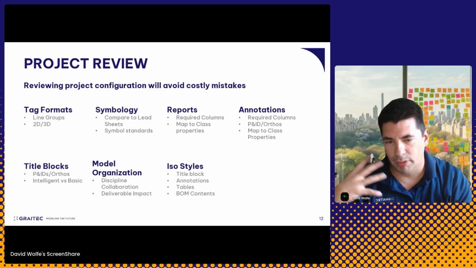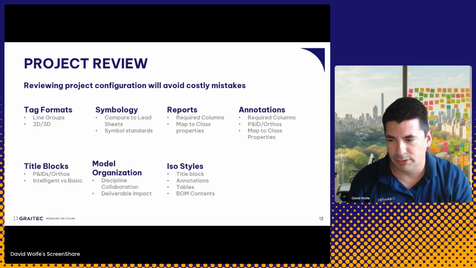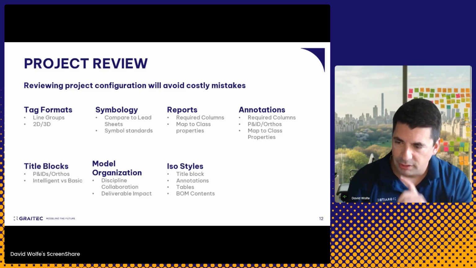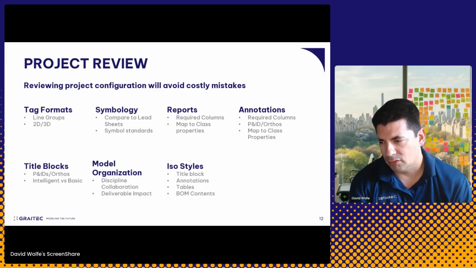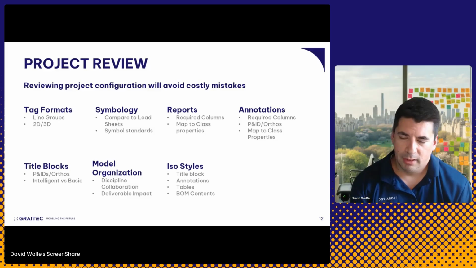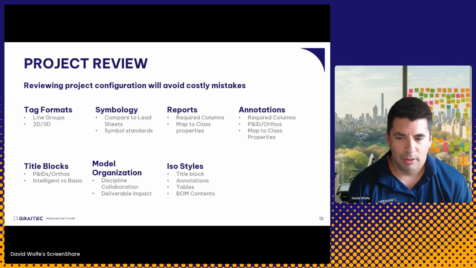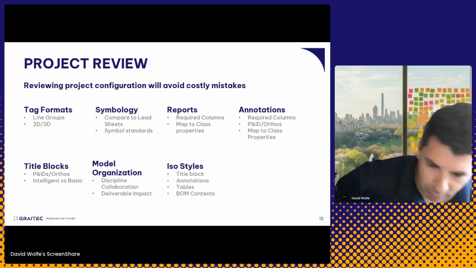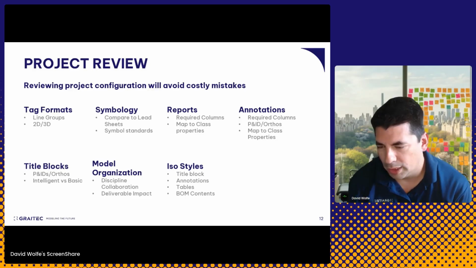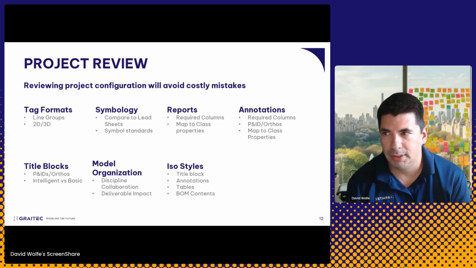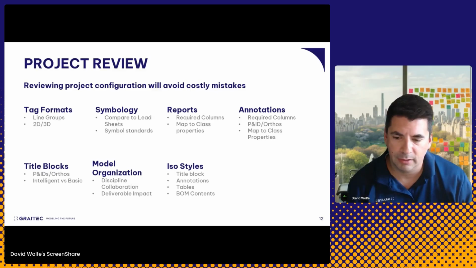So we talk through the pluses and minuses of each of those approaches, and also in some cases where we're using ACC, you need to understand other aspects of that. All of that falls under model organization, as well as we would cover your ISO style. So making sure you can run an ISO, get a decently clean isometric with your company title block and normal annotations that you'd expect to see in a bill of materials as part of the project review process.